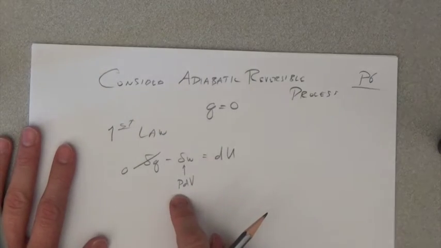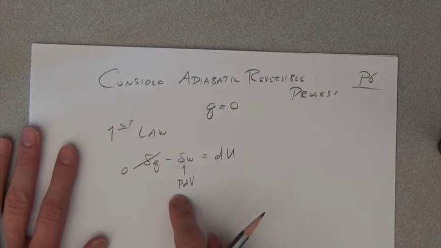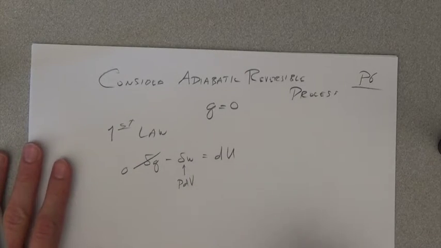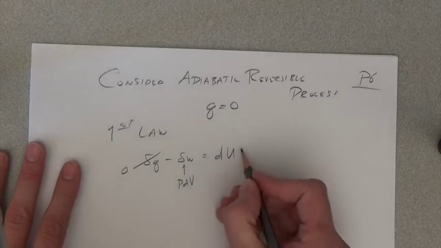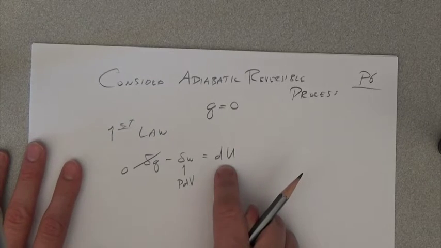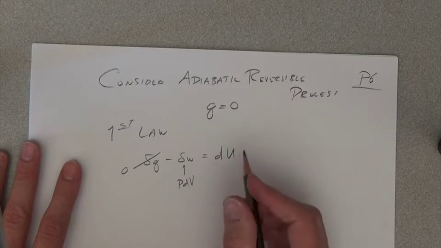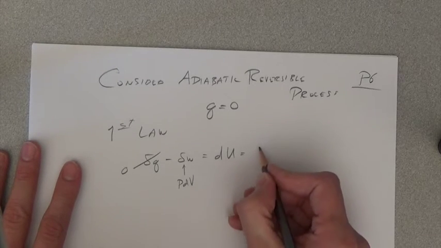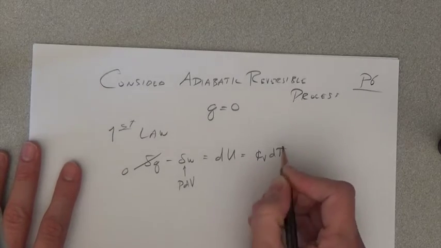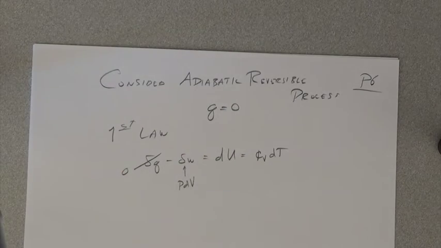Again, we're going to hold pressure constant, meaning that we don't have to write out a term for the change in pressure as well. And our change in internal energy can be expressed in terms of the molar heat capacities.